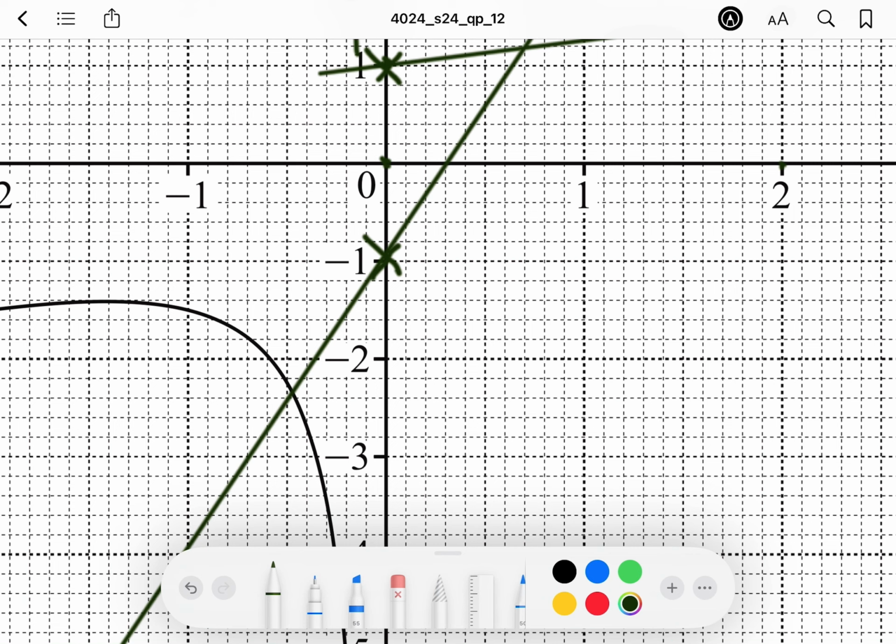Yang mau value of apa? The closest one, minus 0.5 pun boleh. Okay, just because it's approximate. 0.4859, amazing. Minus 0.5 pun okay. Okay?